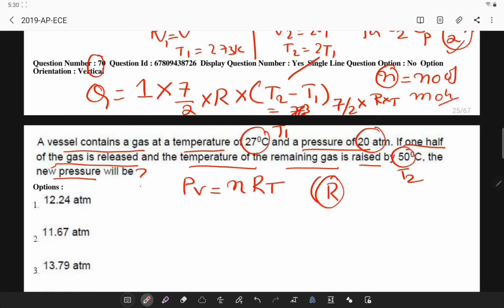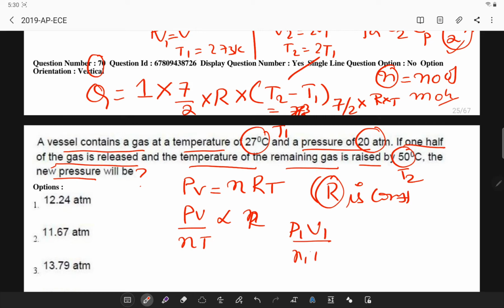Now here R is constant, therefore PV by NT is proportional to R, or I can write P1 V1 by N1 T1 is P2 V2 by N2 T2.